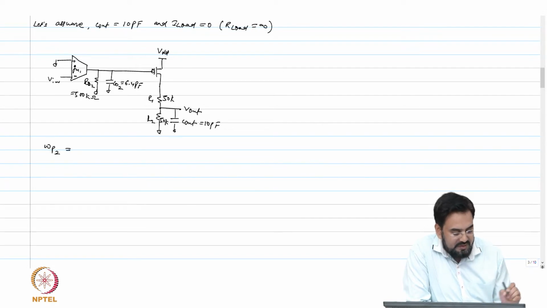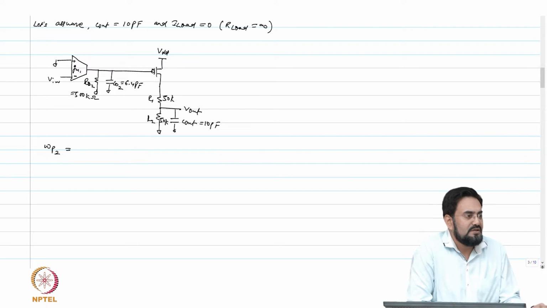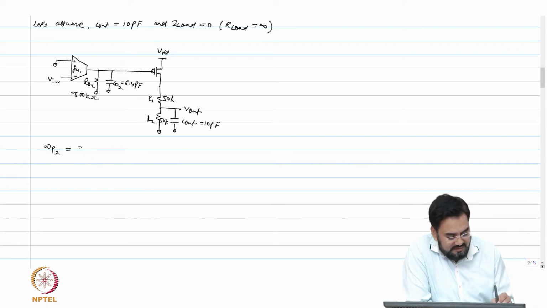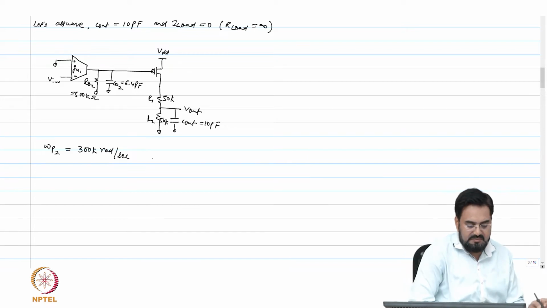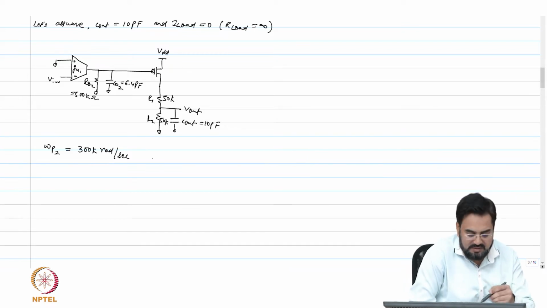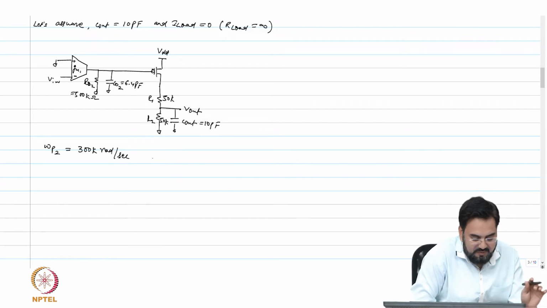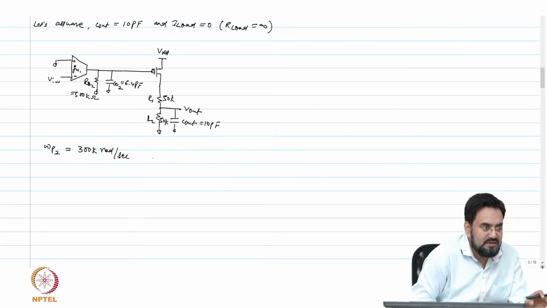So omega P2 equal to, what was the value? 300 kiloradian. So one thing you need to remember, if you change the load, which is changing your output resistance, this omega P2 will not get affected, only the output pole will get affected.